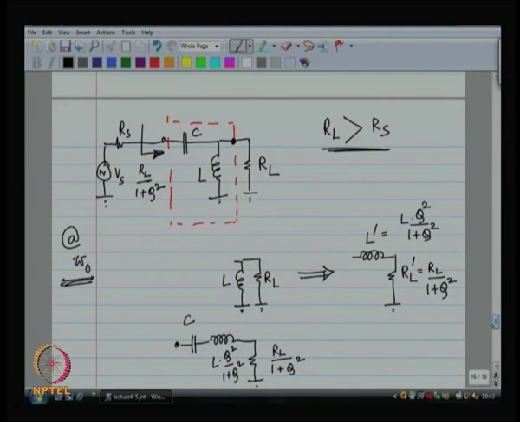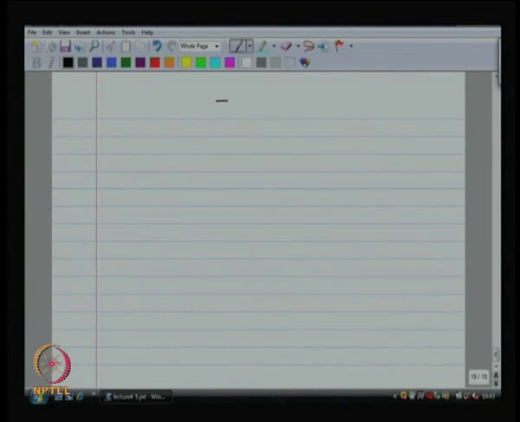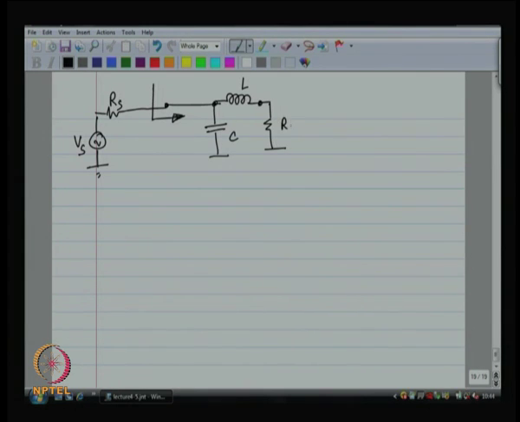So, when R L is lesser than R S, we have to figure out some other matching network. This matching network is not going to do my job. So, what else can you think of? We just picked something up and it seemed to work. Pick something else up. Let us pick up this.